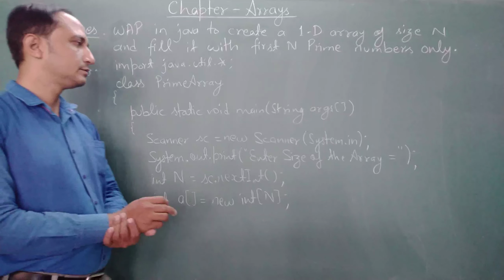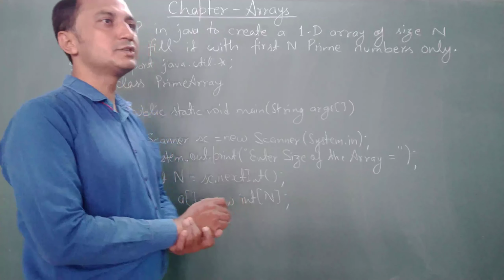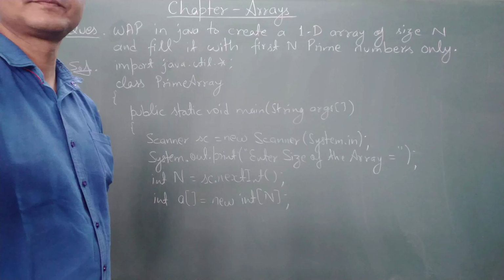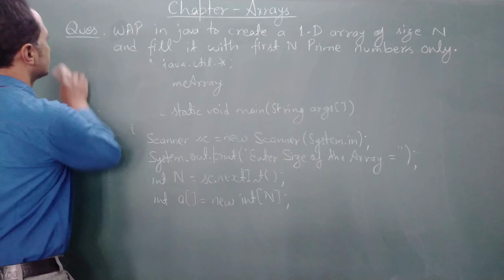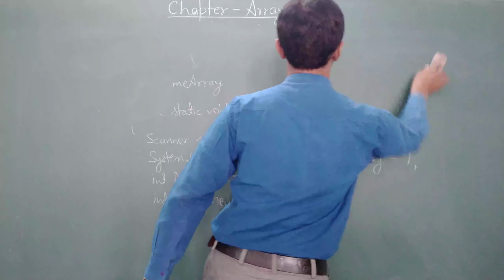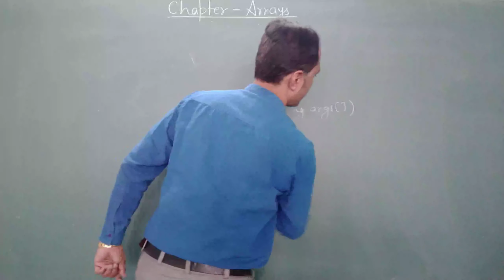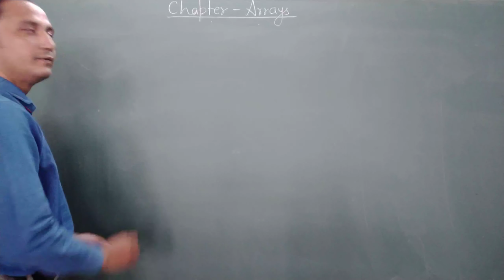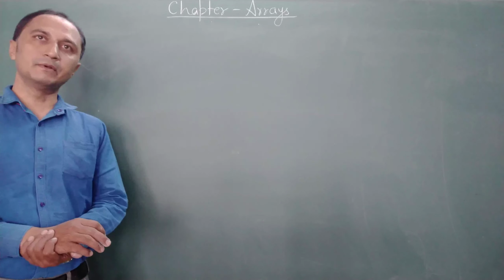After that, we will give the logic to fill the prime numbers in it. After creation of the array, now we will give a loop to fill the first n prime numbers.